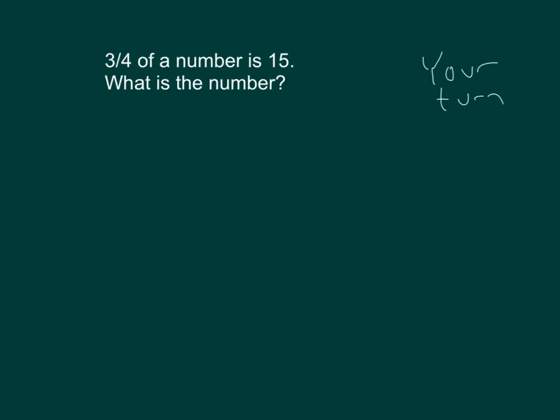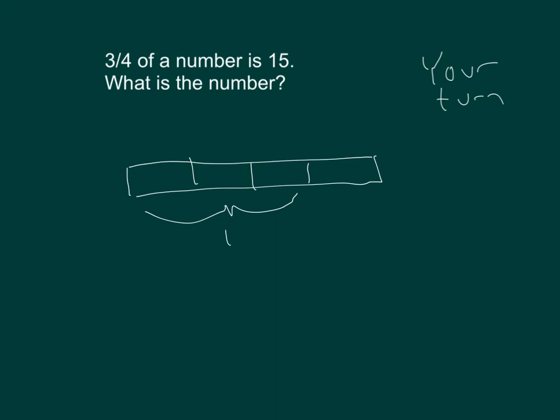Your turn. Draw a tape diagram to help you solve the problem. Fourths for sure. And 3 of those fourths is equal to 15. 3 units equals 15, meaning 1 unit, let's write that out, 3 units equals 15. 1 unit equals 15 divided by 3 equals 5.